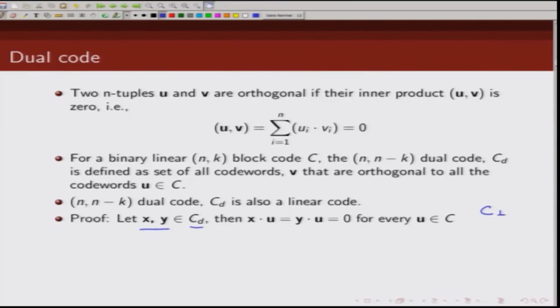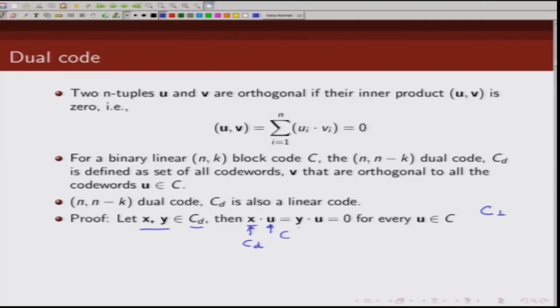Now, if x and y belong to the dual code, then we know that any code words belonging to the dual code are orthogonal to the code words in the original code C. So, if u belongs to C and x belongs to the dual code C^D, then x dot u will be 0, because the code word x is orthogonal to code word u.